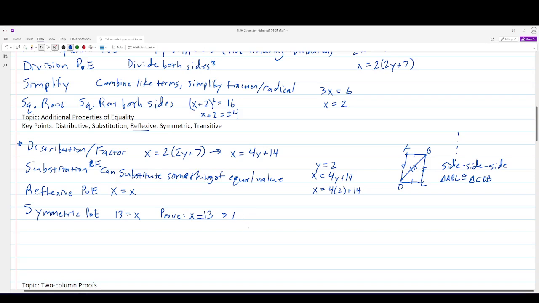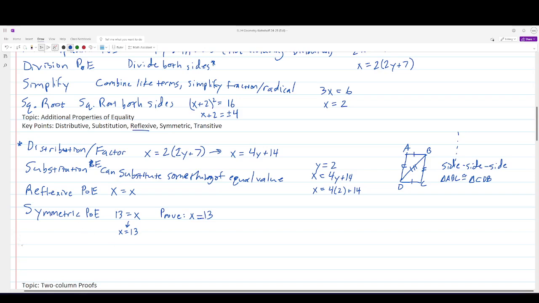So it lets us switch from 13 is equal to x that we had here to x is equal to 13. So it lets us flip things around by showing us that an equal sign works in both directions, so it's symmetric. If I have x on the wrong side, this is the property that allows me to flip it to the correct side.